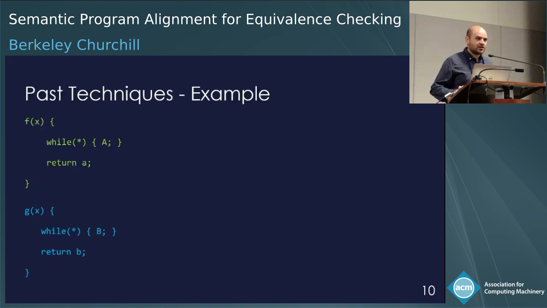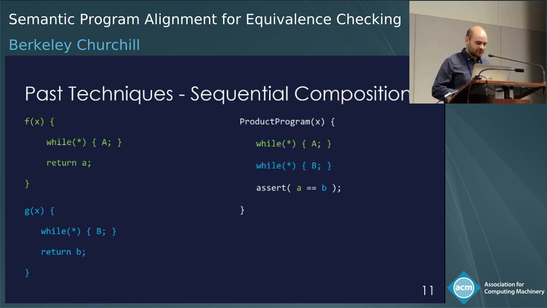In the past, a common technique is to take two programs that you want to check equivalence for and construct a product program, and then use verification techniques for a single program to check assertions. One way is to sequentially compose these two programs. Here we have some loop iterating over a basic block and another one.